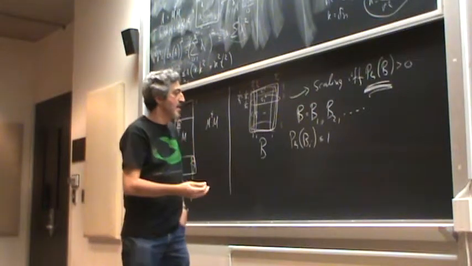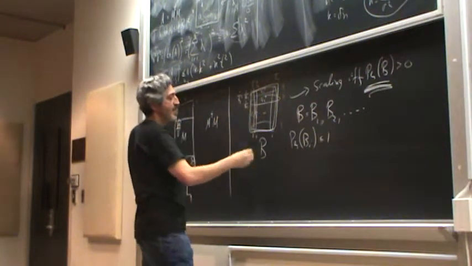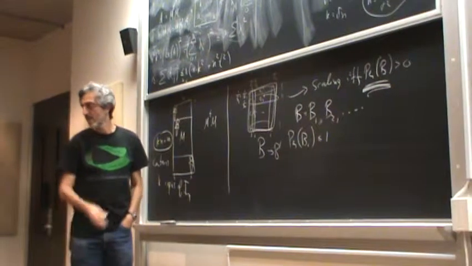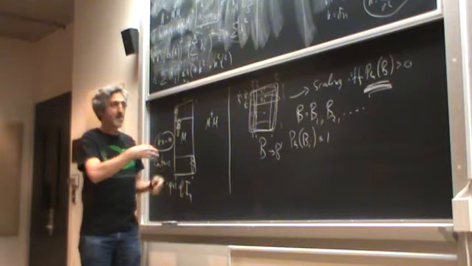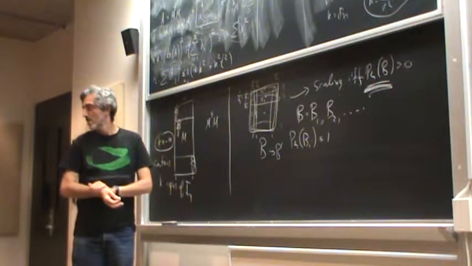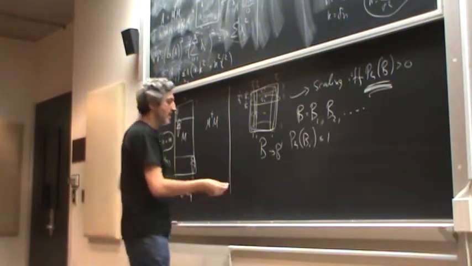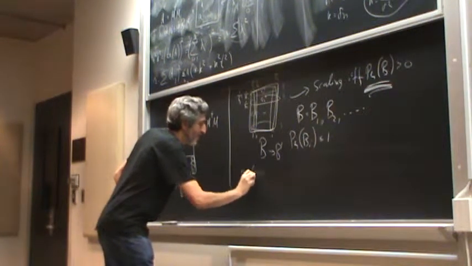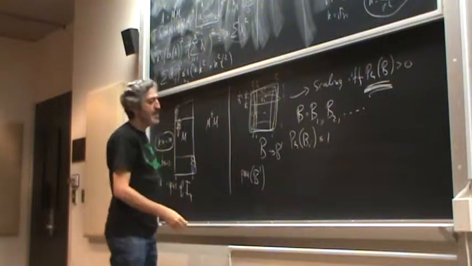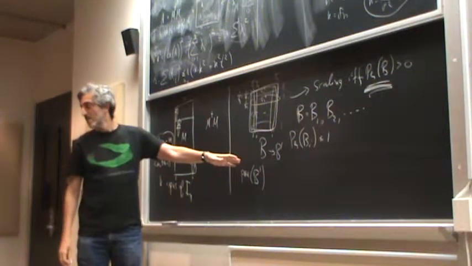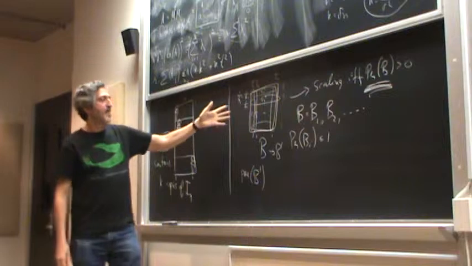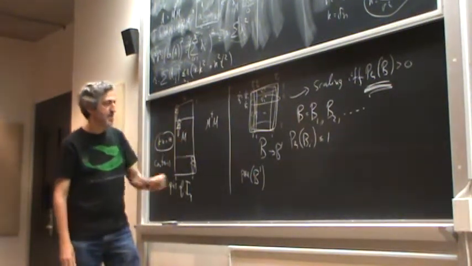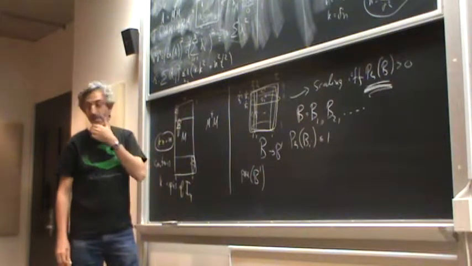Okay, why does it increase? So suppose we move in one step from Bi to Bi plus 1, after another normalization. I want to write the permanent of B prime in terms of the permanent of B. Well, what did we do? The last thing we did was the row operations.